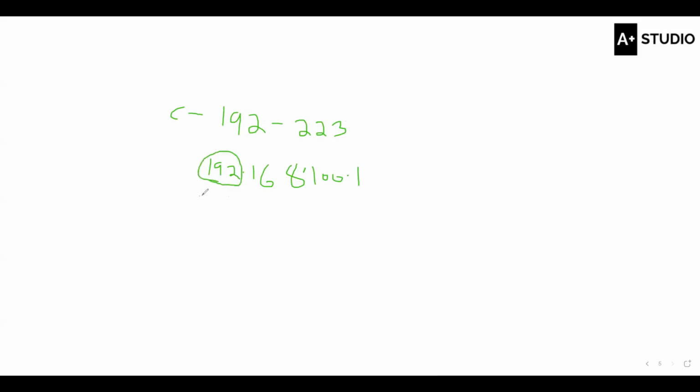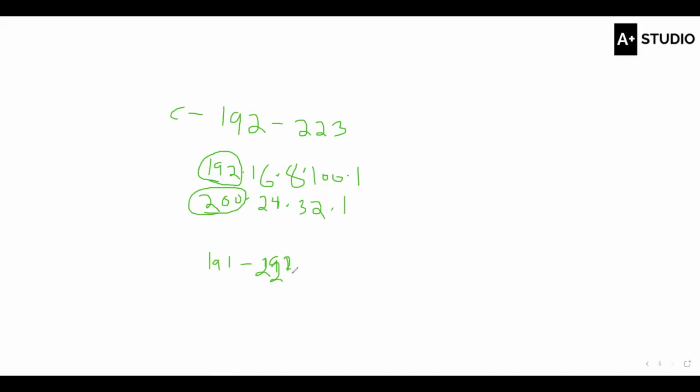So if it is, let me say, 200.24.32.1, this should tell us it is a class C IP address, because it should start from 192 and end at 223.